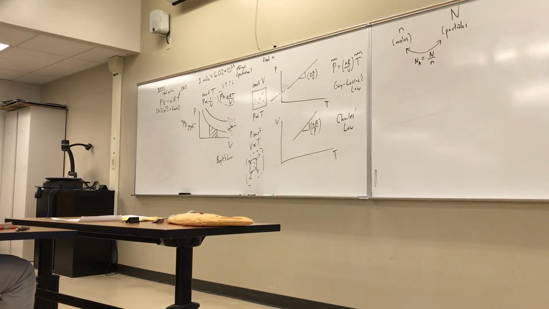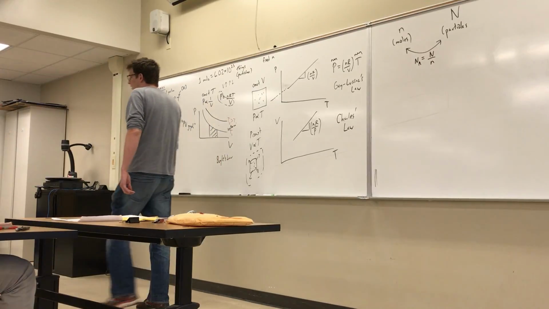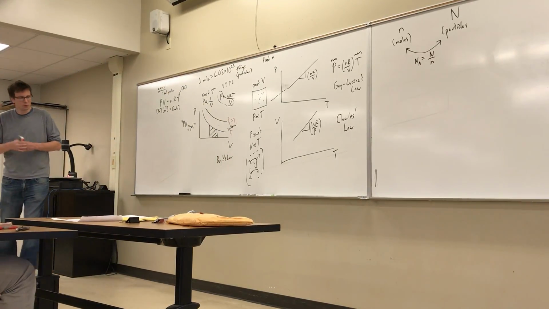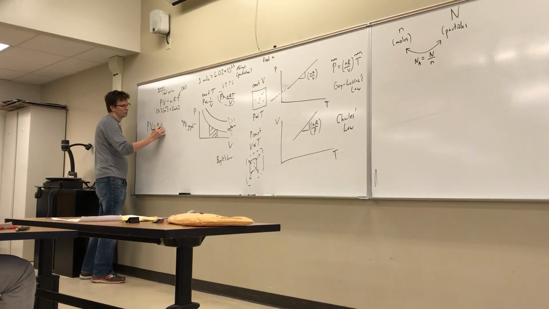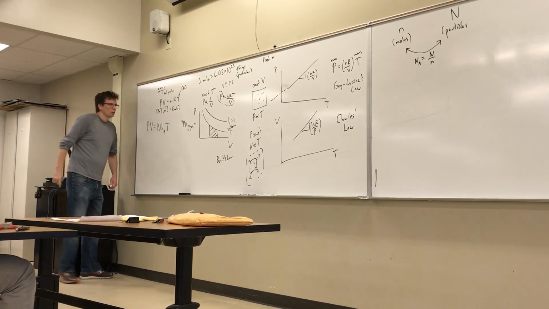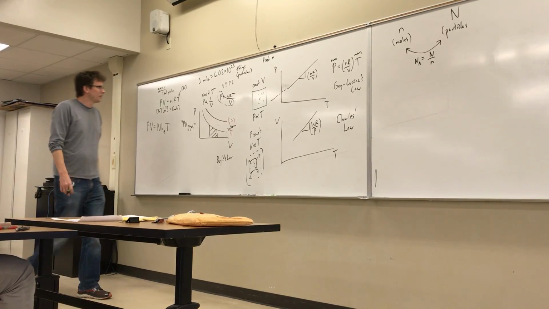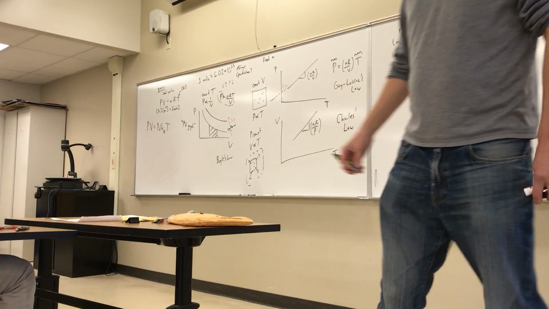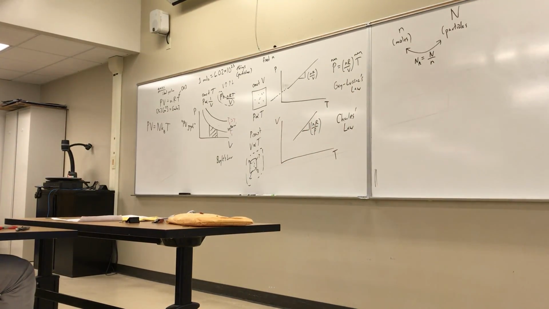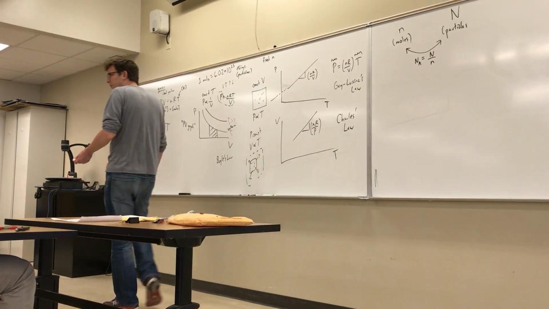So before I move on to talking about the area under the curve and all that stuff, I do want to point out it is possible to phrase the ideal gas law in a way you may not have seen it, where you do talk about the number of particles instead of, of course, the number of moles. Well, then the constant is different, and it's actually a much more fundamental constant because, of course, a mole is an arbitrary grouping of stuff.